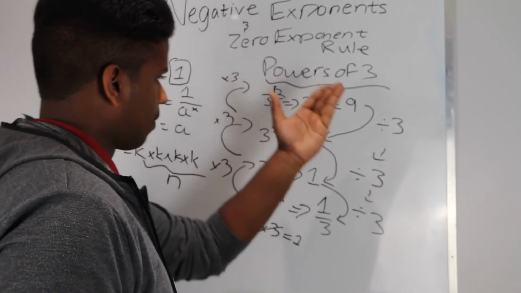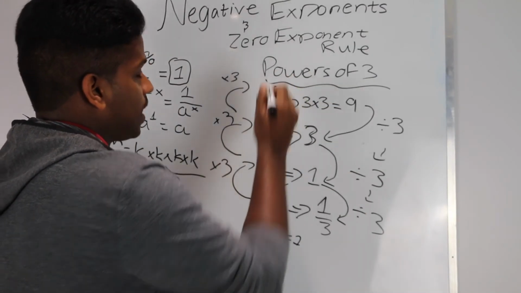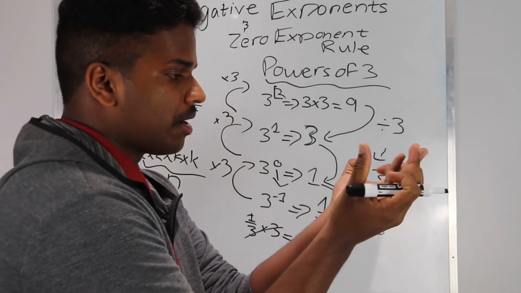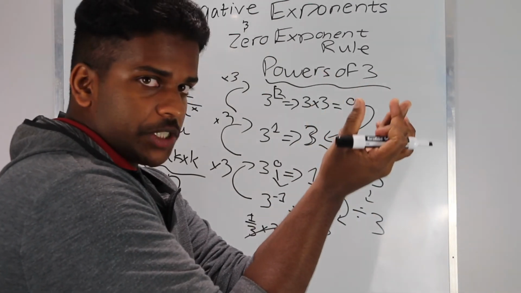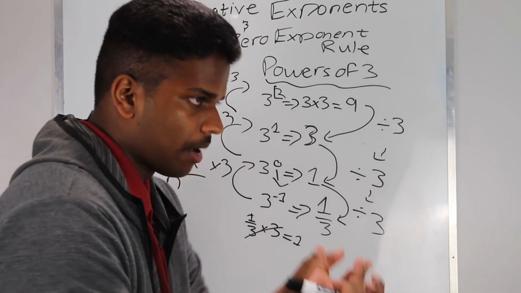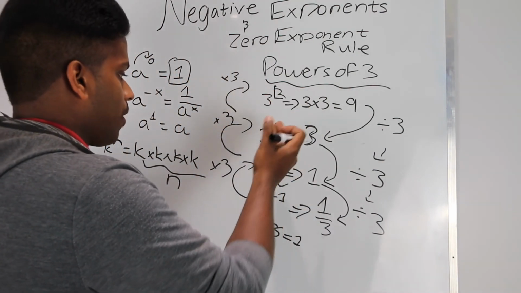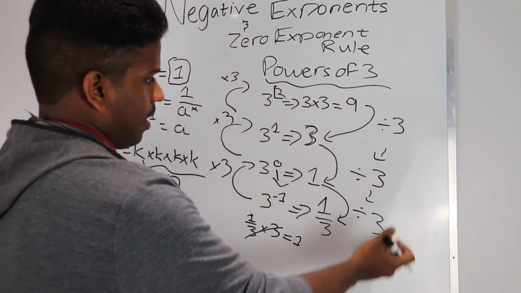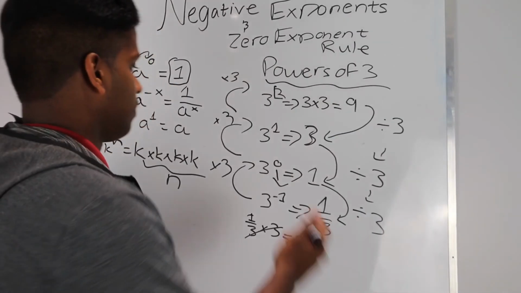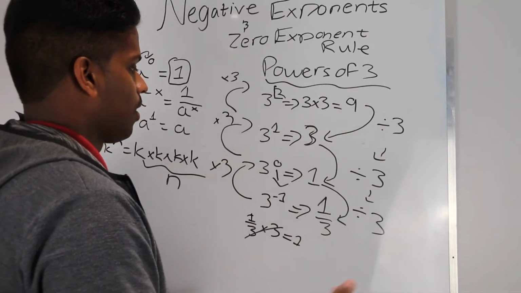And as we go down in terms of the exponent number, from 3 to the power of 2 we go down 1 to 3 to the power of 1, see how we divide by our base?